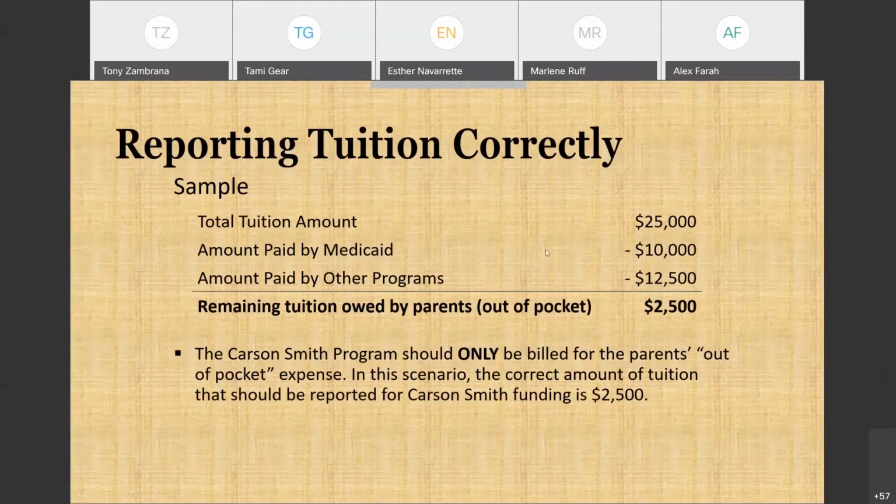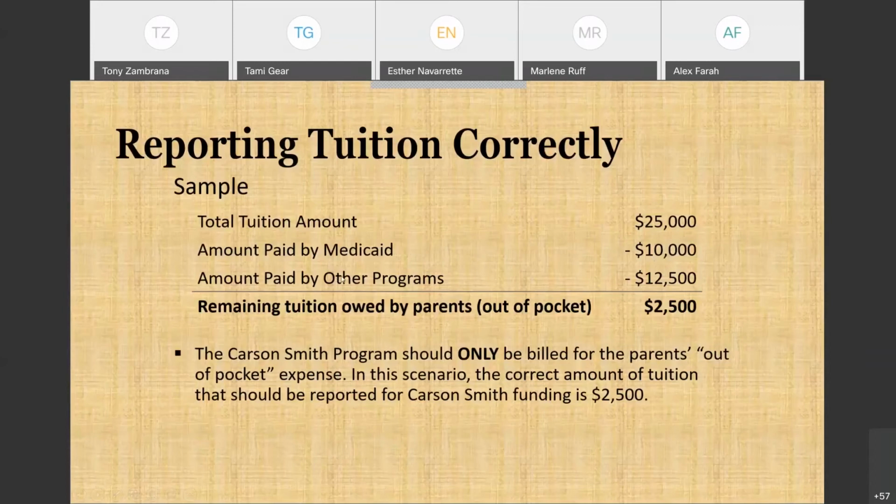Just to use this as an example, let's say that a private school charges $25,000 annually for a particular student's tuition. The school is not going to put $25,000 in Seascapes for the tuition amount, because there are other sources of payment that come before Carson Smith kicks in.